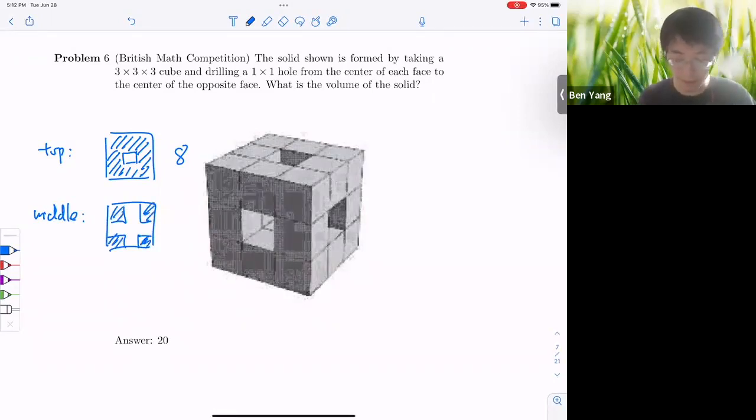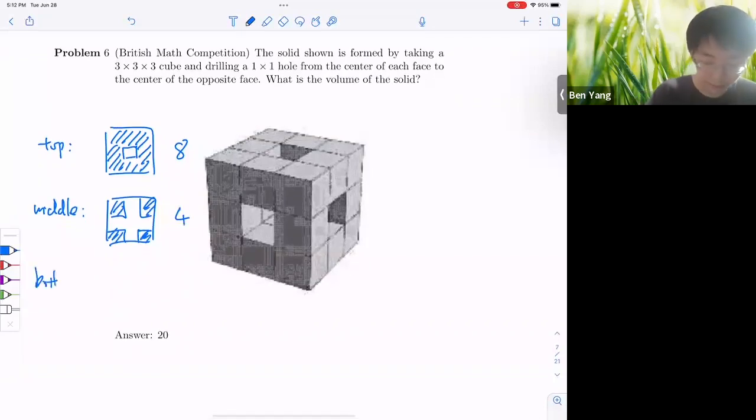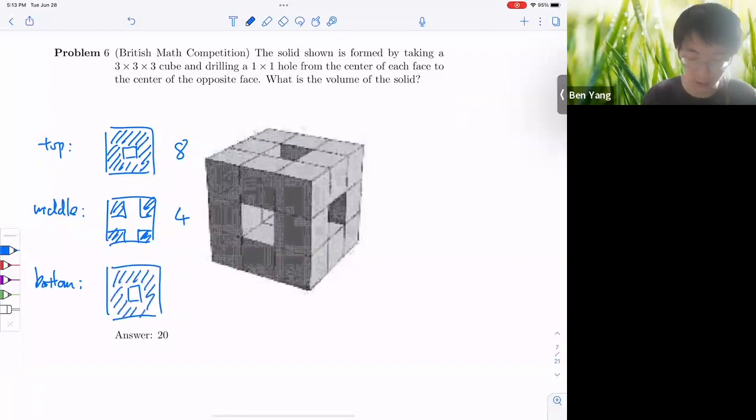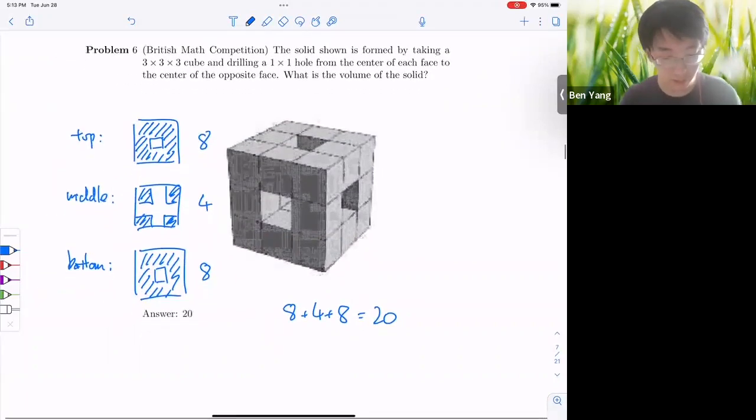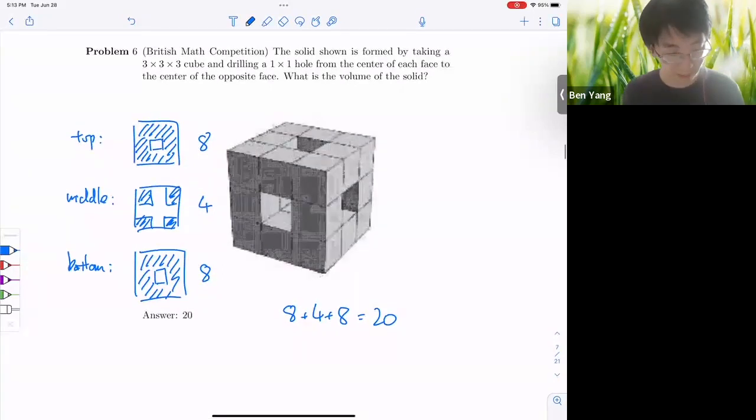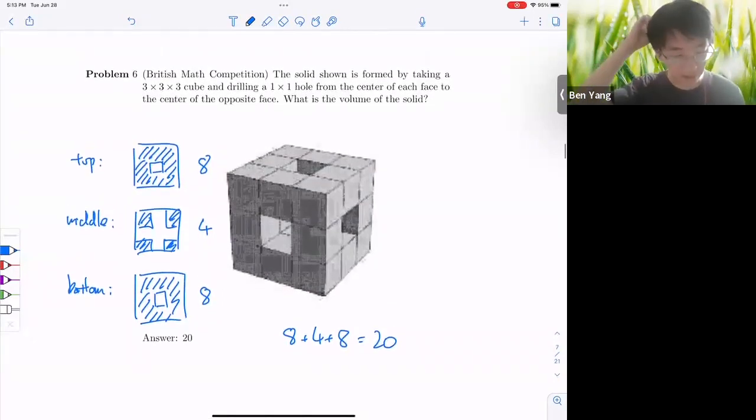And the volume is 4. And for the bottom, that's the same as the top because it's super symmetric. Again, we're just missing the cube in the middle. So the volume is 8. Then we can just take the sum, and that's 20. Okay. Yeah, that's it. Let's move on.